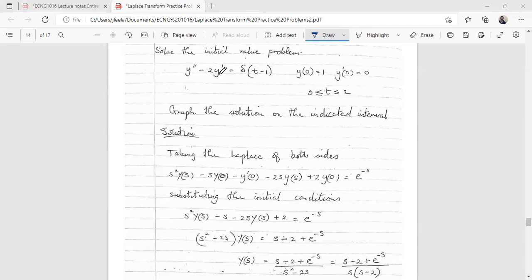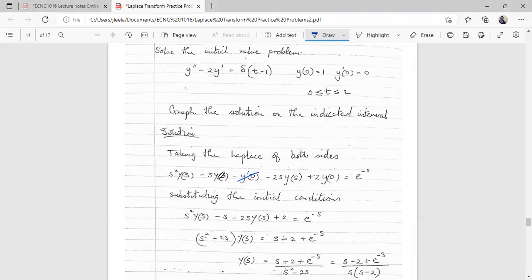And the Laplace of y prime is sY(s) minus y naught. But you have to multiply it by -2. So you'll get minus 2sY(s), and a negative by a negative is plus 2y naught. Right? So your y prime naught term here will drop off.